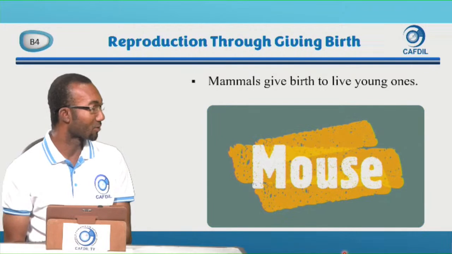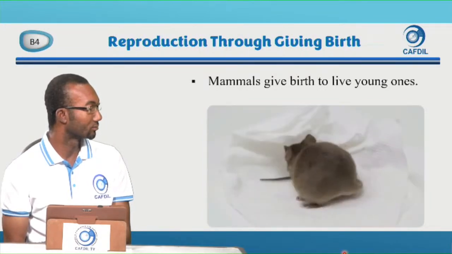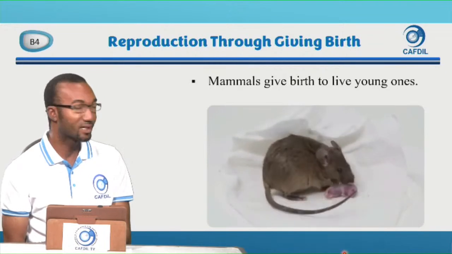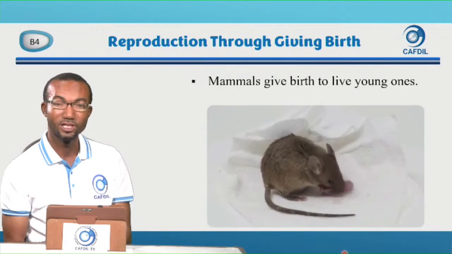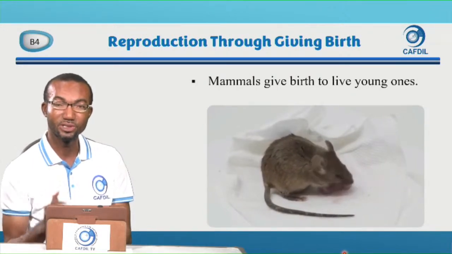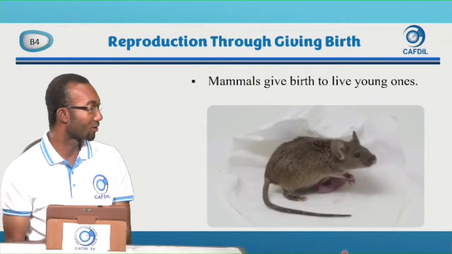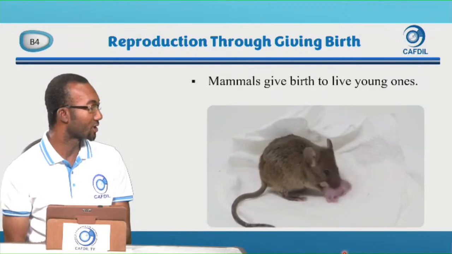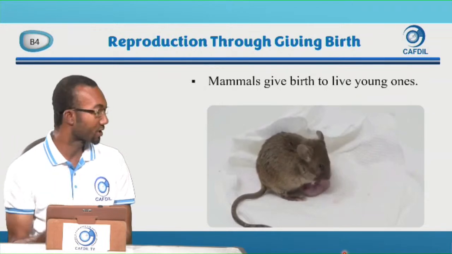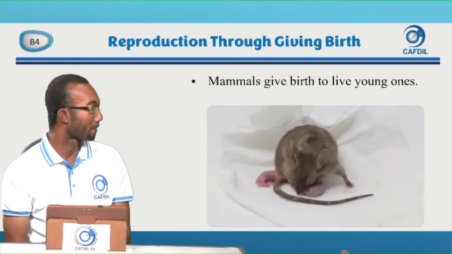The next one is mouse. It takes mouse 2 to 3 weeks to give birth. So their gestation period is between 2 to 3 weeks. So mouse, they don't get pregnant for a long time. Between 2 to 3 weeks they will give birth. So this mouse too is giving birth. That's giving birth to one, and they can give birth to 10, 14. Another one.